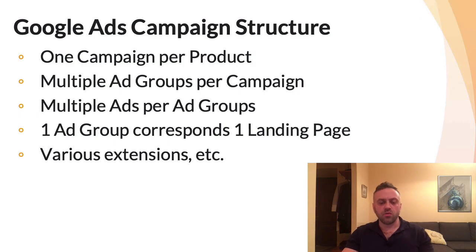And so we talked about the Google Ads campaign structure: one campaign per product, multiple ad groups per campaign, multiple ads per ad group, and typically you want one ad group to correspond to one landing page. And then there are also various extensions. And that's kind of what I wanted to talk about.